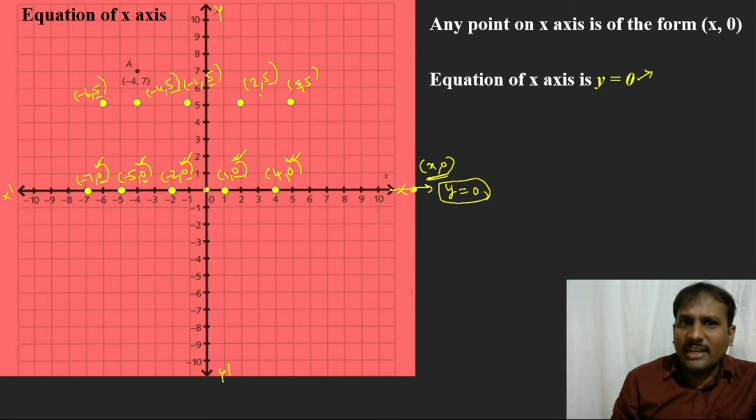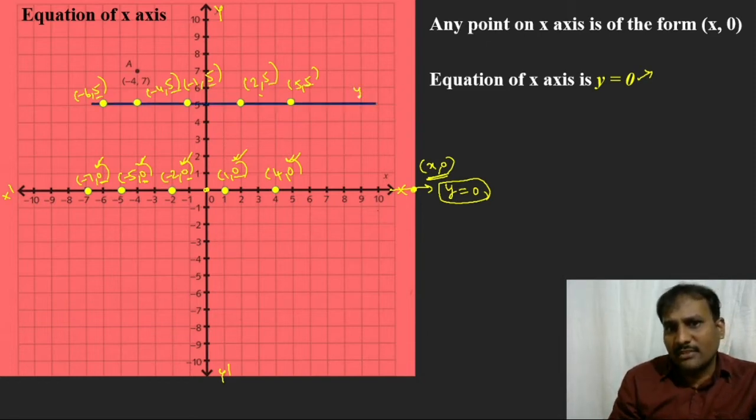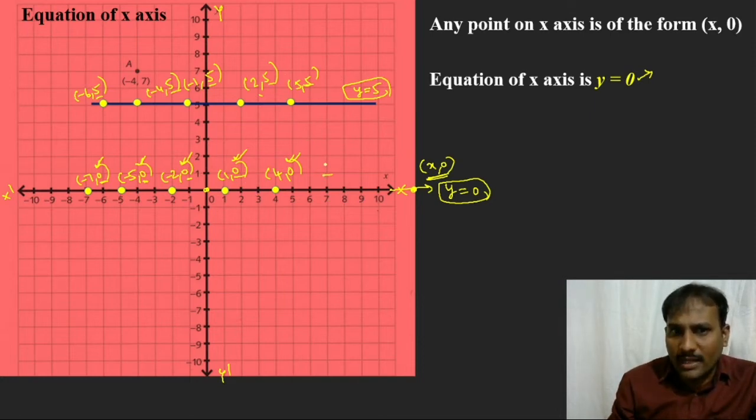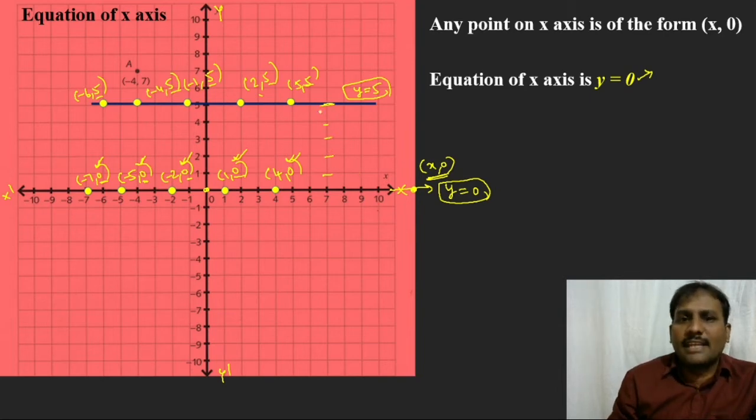Its y coordinate is the same. So join all these points. So can I say the equation of this line is y is equal to 5? If you observe, this line is parallel to the x-axis and it is at a distance of 5 units from the x-axis and it is above the x-axis. So see here, this is 1, 2, 3, 4, 5 units away from the x-axis.